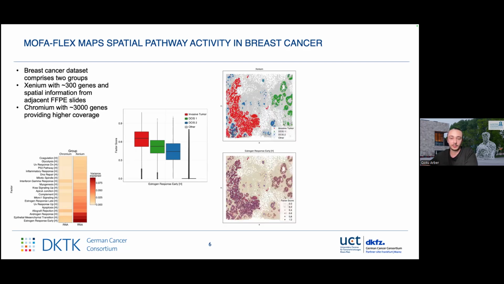Next, we can inspect the composition, so basically have the canvas of the data and try to paint the picture of where this pathway activity is mostly focused. And we see here that the invasive tumor has a much higher activity of the estrogen response.